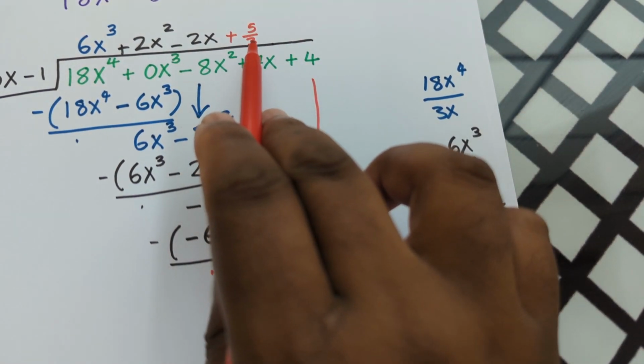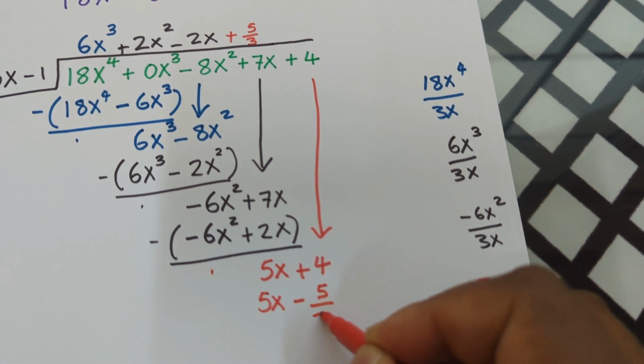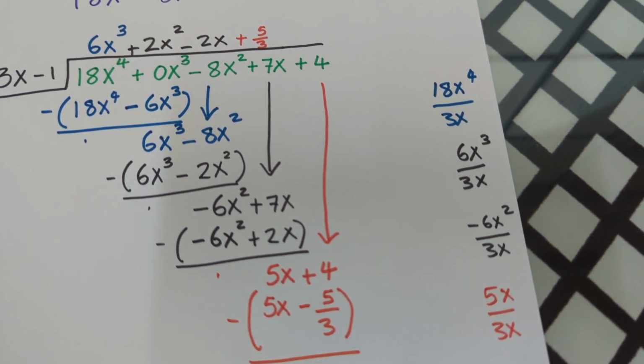And 5 over 3 multiplied by negative 1, it will be negative 5 over 3. Let's put our brackets and let's subtract. Now when you subtract, 5x minus 5x will give you a 0. And 4 minus 5 over 3.